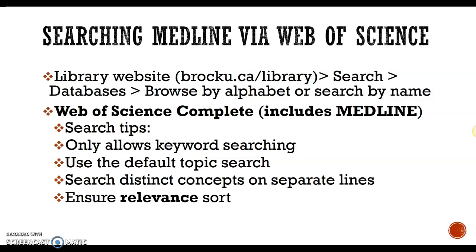And make sure that the Web of Science is using relevance sort for results. It has several different settings by which you can sort your results, for example, publication date, but most of the time you want to be using the relevance sort to make sure that you're finding the articles that are most applicable to your topic search.